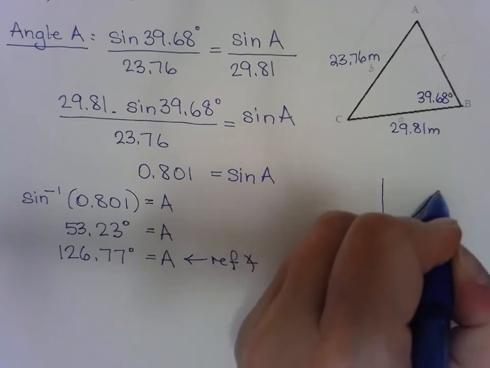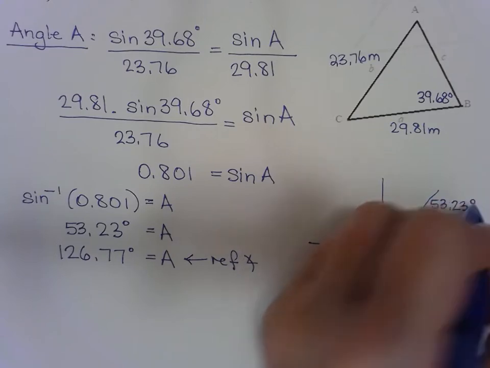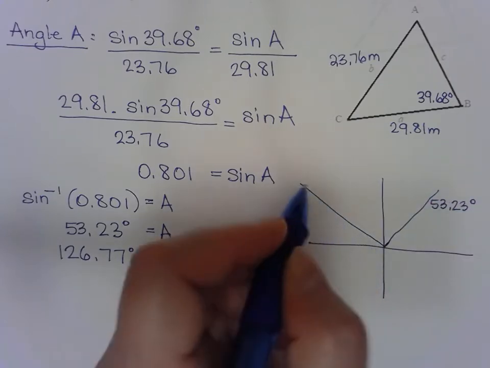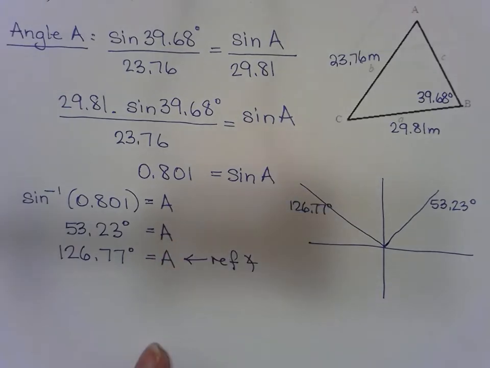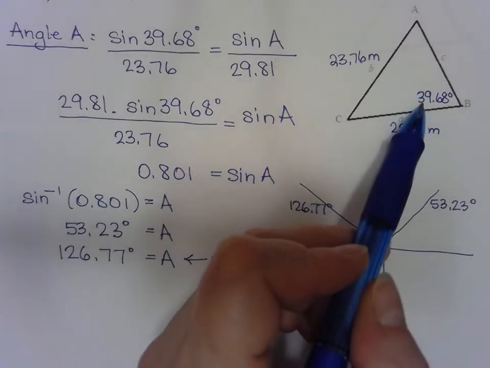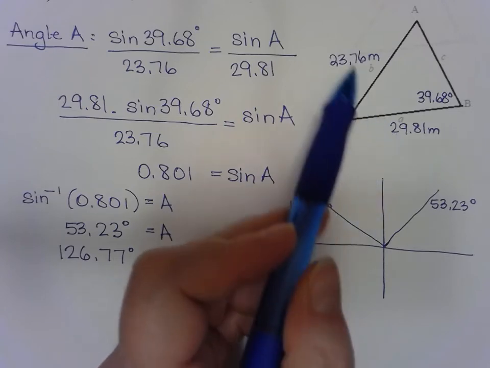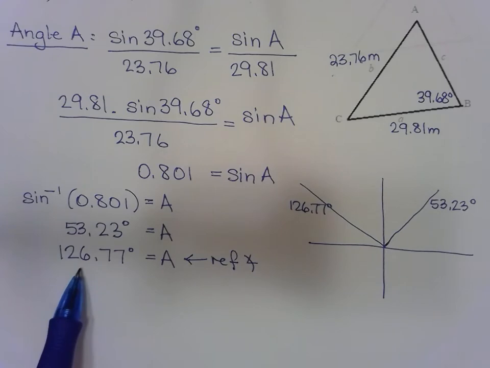If this were 53.23, then over here would be 126.77, and these would both have the same sine value. Okay, so notice this angle is bigger than this angle, while this side length is bigger than this side length. I think that makes sense. Same for this one, it's bigger.